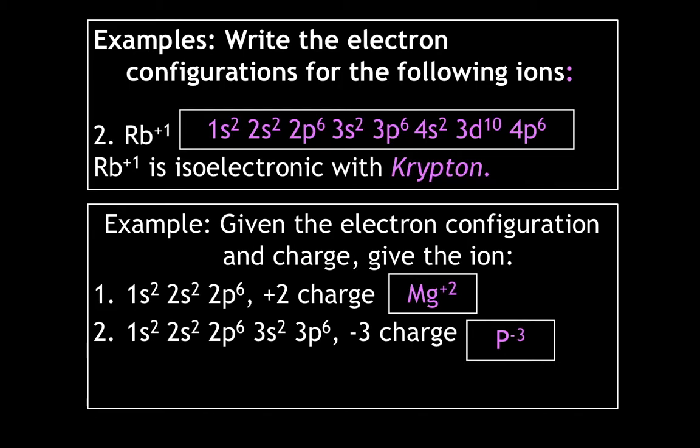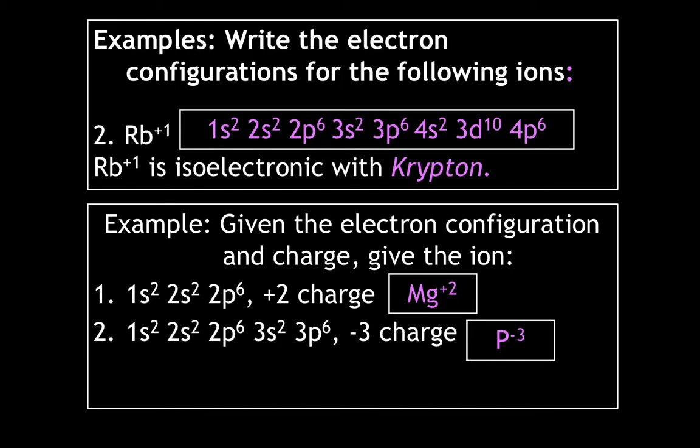Or we could look at the electron configuration it gave us. 1s2, 2s2, 2p6, 3s2, 3p6 with a -3 charge, okay? So what we do is we're going to subtract 3 from this, and that's going to be okay because there is a 3p3, right?